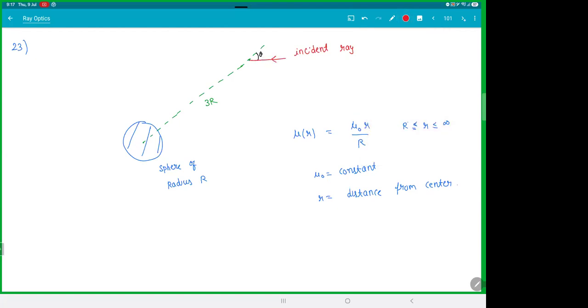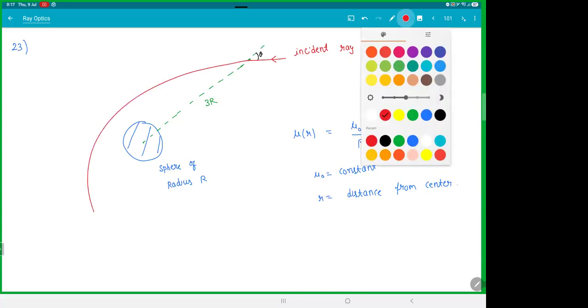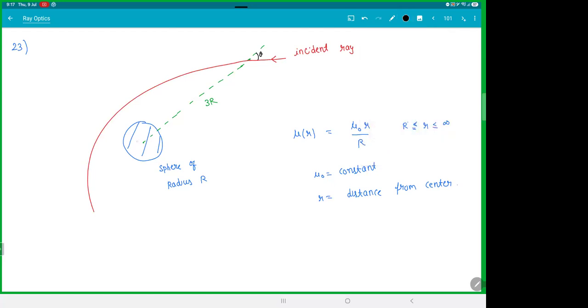So you sent a light ray at an angle theta at a distance of 3r. And what happens, because the medium is non-uniform, it starts going in some weird curve. Find the minimum distance between the light ray and the center. So at some point here, this will be your minimum distance. Find the minimum distance.